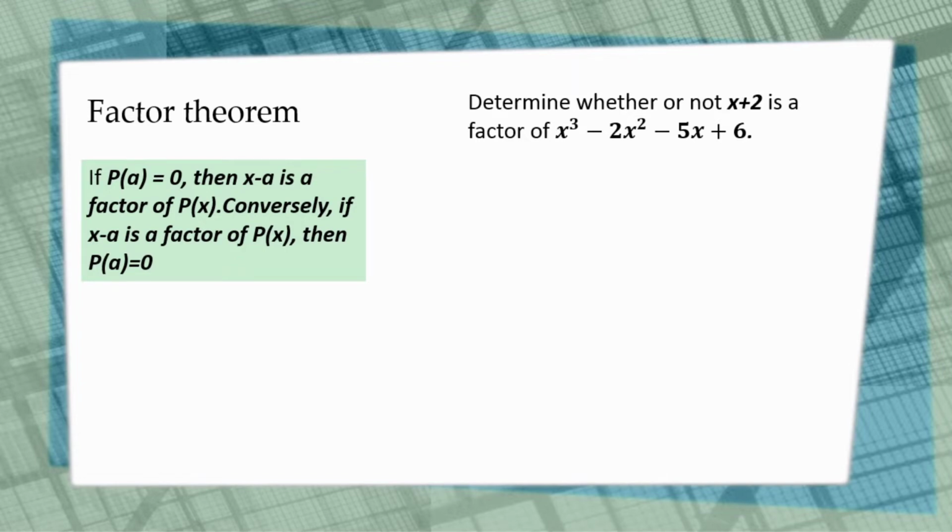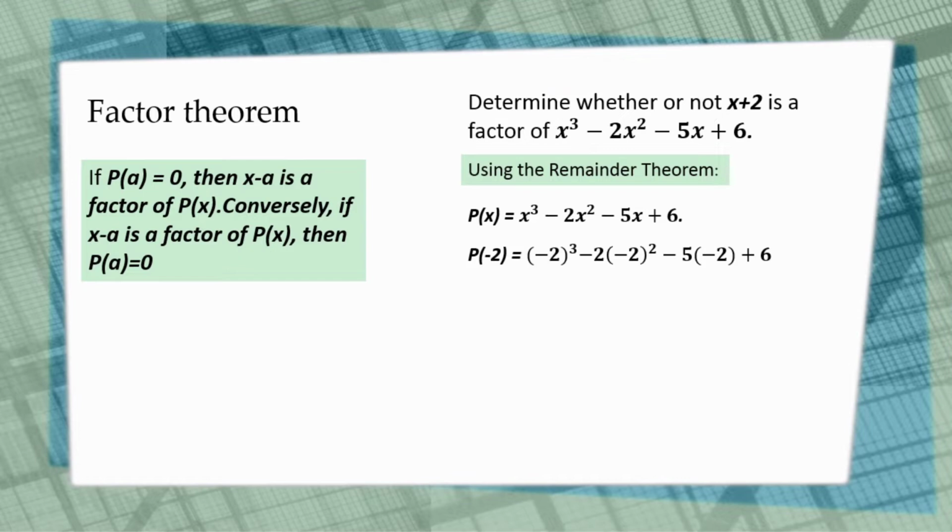By the remainder theorem, p of x equals x cubed minus 2x squared minus 5x plus 6. Substitute negative 2 for x. So p of negative 2 equals negative 2 cubed minus 2 times negative 2 squared minus 5 times negative 2 plus 6. Simplify.